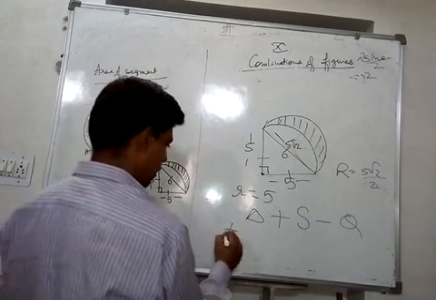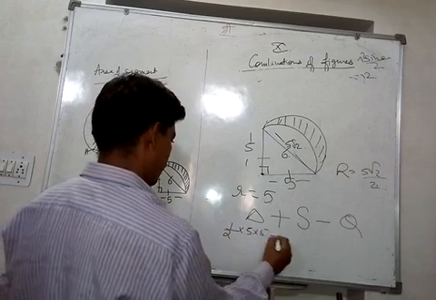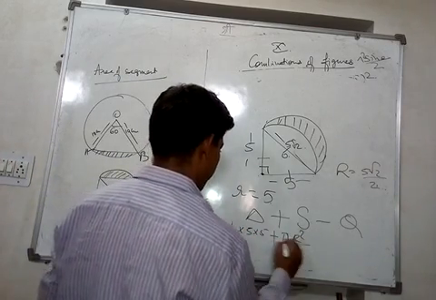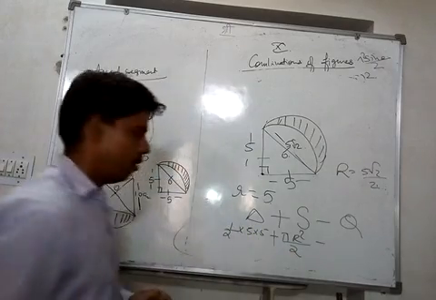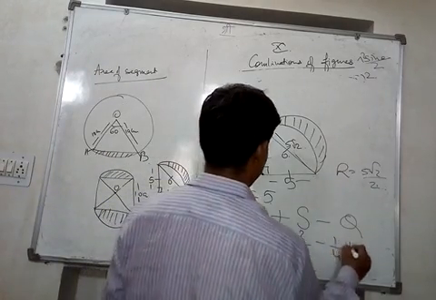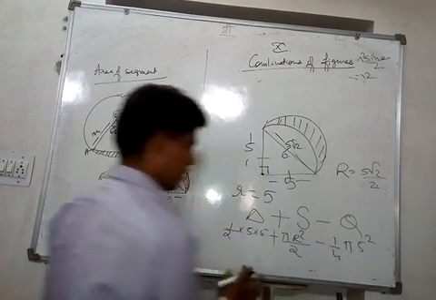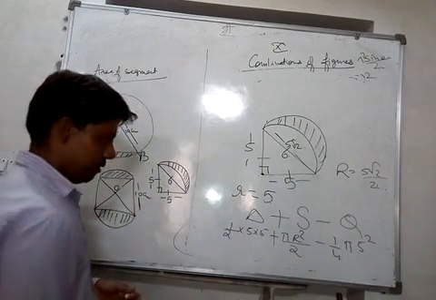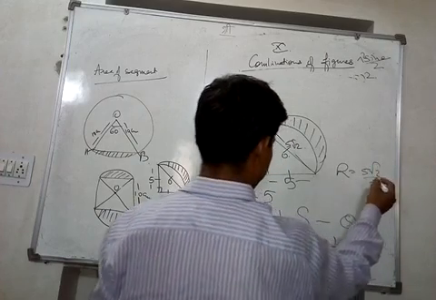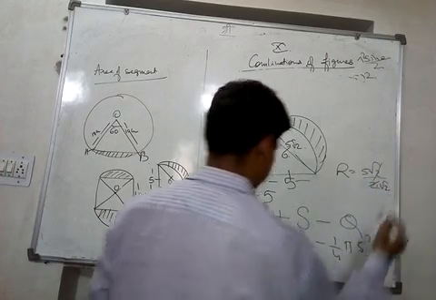Triangle is half base into height, half into 5 into 5, plus semicircle is pi r square upon 2, minus quadrant, which is 1/4 of a circle, that is 1 by 4 pi into 5 square. For r of the semicircle you write 5 upon root 2.